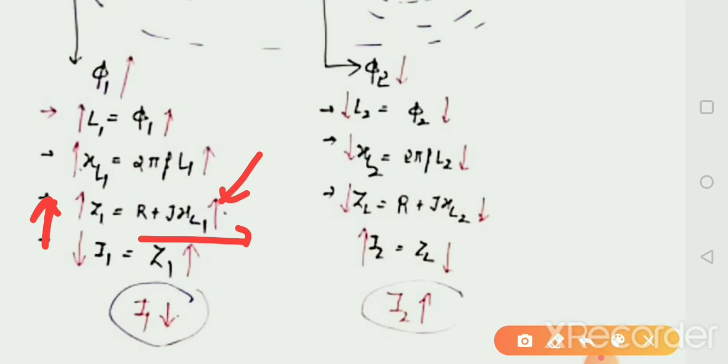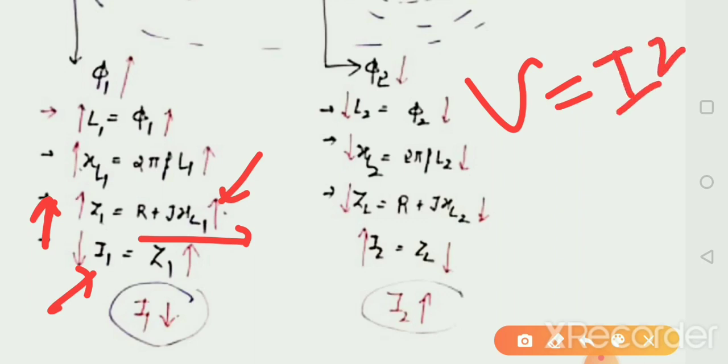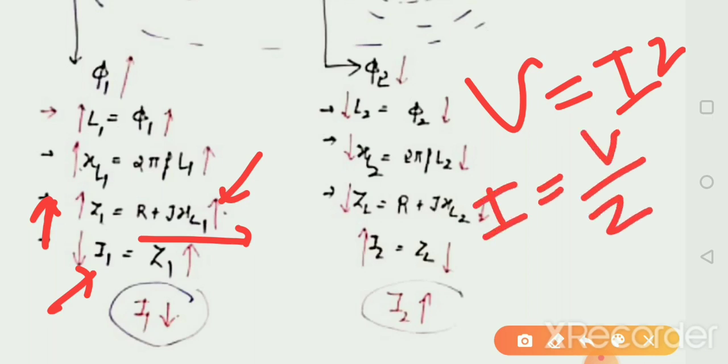When the impedance is increasing, we can say the current is decreasing, because V is equal to I into Z. If we make the formula I equal to V over Z, we can say I is inversely proportional to the impedance.